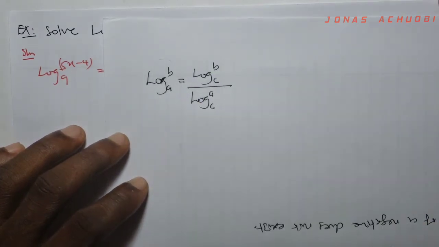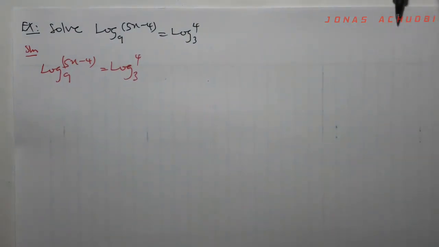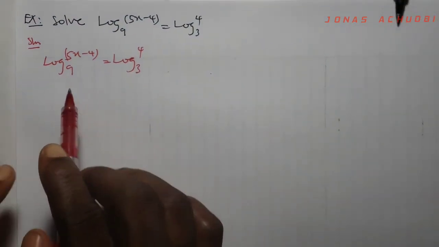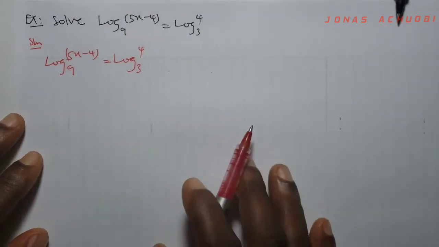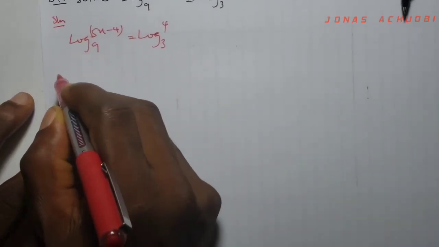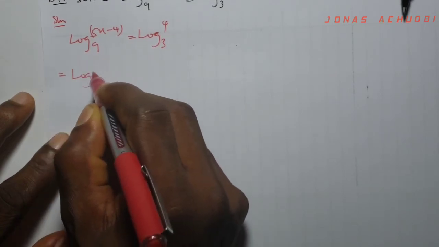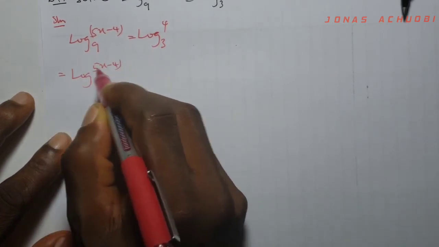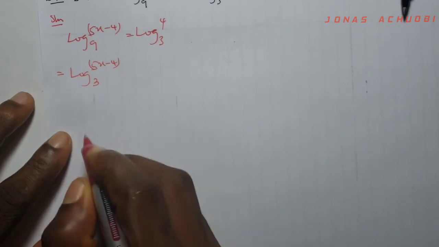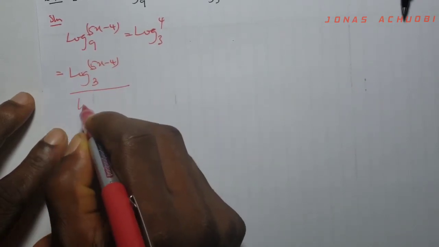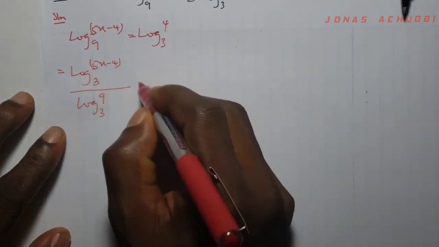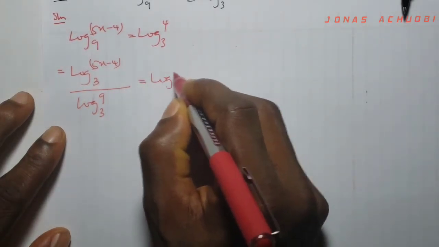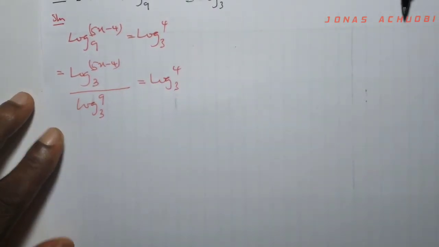So we're going to apply this also in our example. We want to change log in base 9 to a log in base 3. So this will become log 5x minus 4 in our new base, which is base 3, divided by log 9 in our new base, which is base 3, equal to the right hand side, log 4 in base 3.